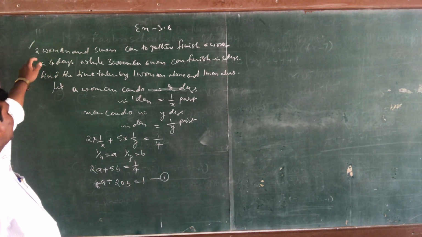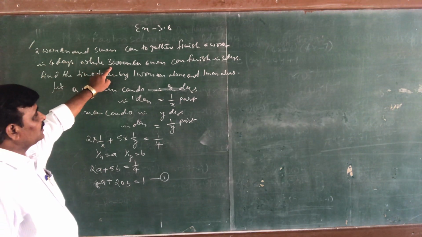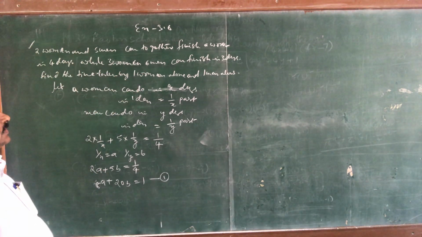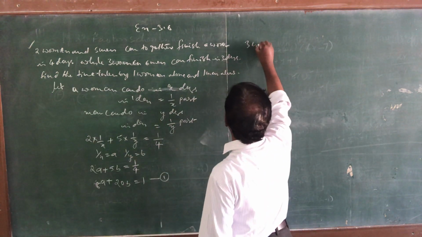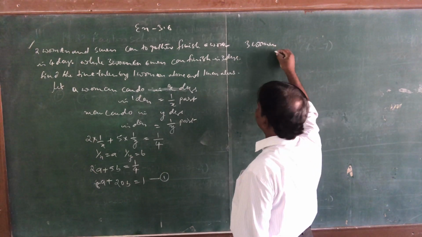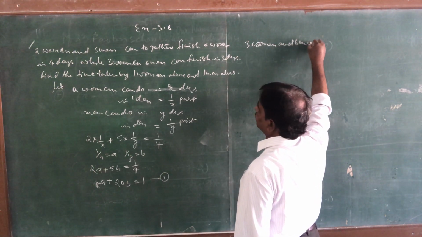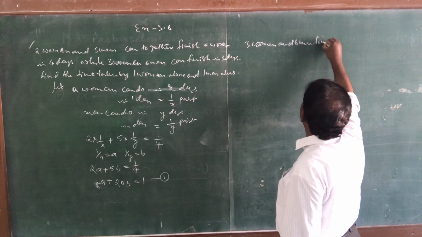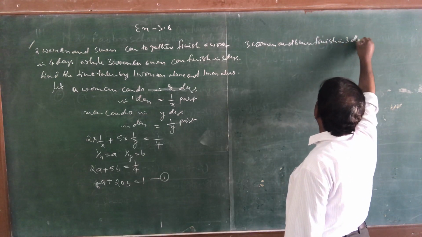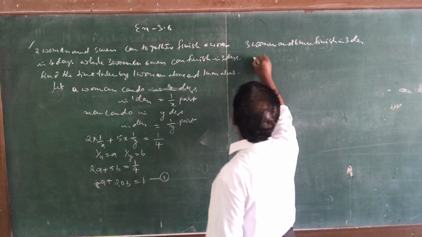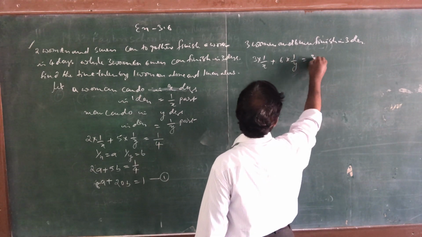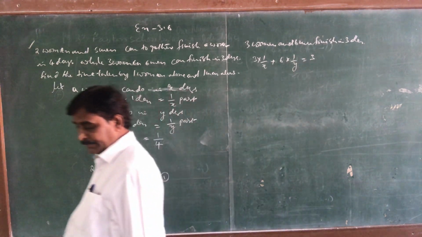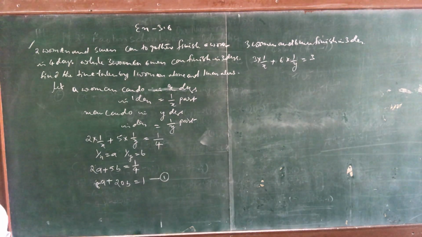What is the second condition over here? 3 women and 6 men can finish the work in 3 days. That means 3 into 1 by X plus 6 into 1 by Y is equal to 1 by 3.